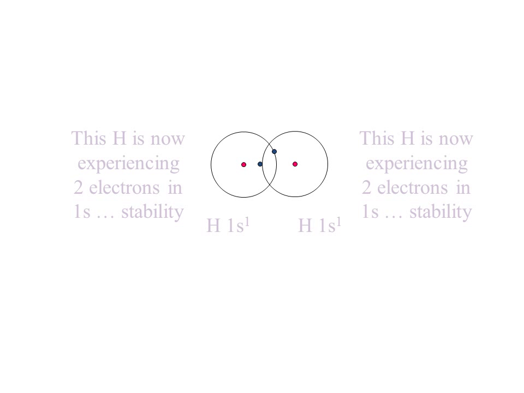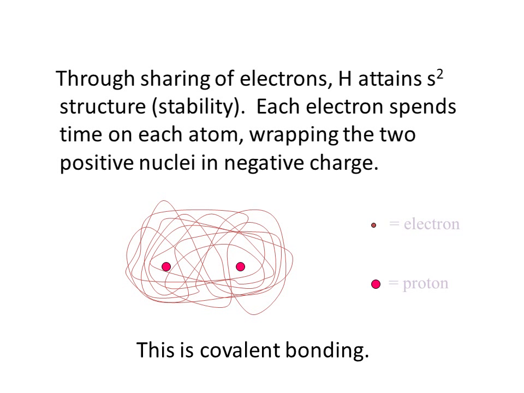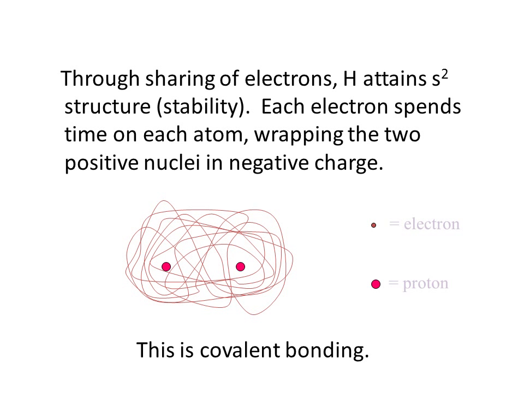Likewise, the one on the right is the same, 2 electrons in 1s. It now has stability. This is what's called covalent bonding. Covalent bonding is when electrons spend time on both atoms, and we call it sharing. Through the sharing of electrons, each hydrogen has a 1s2 structure, which gives it stability.